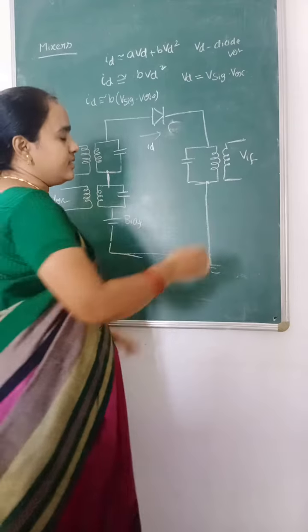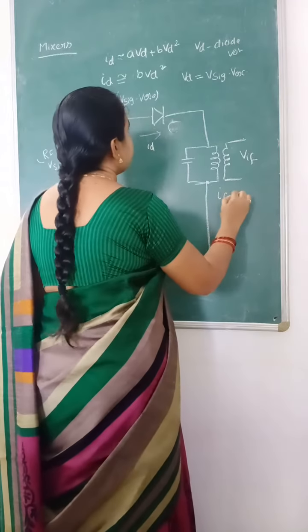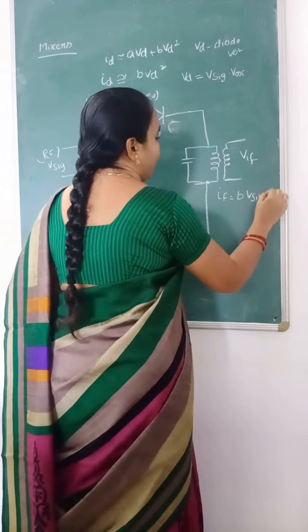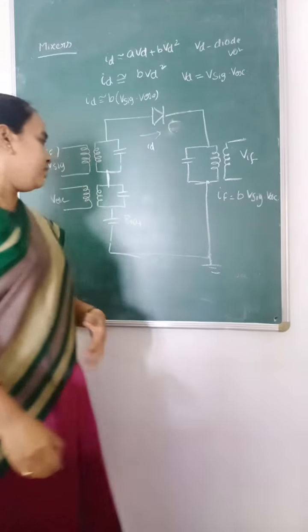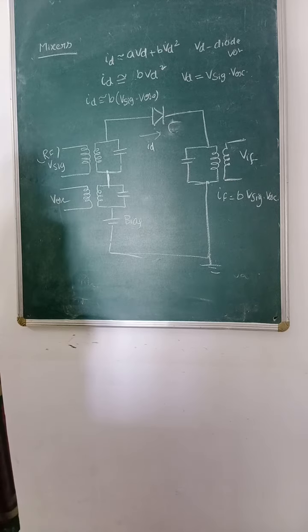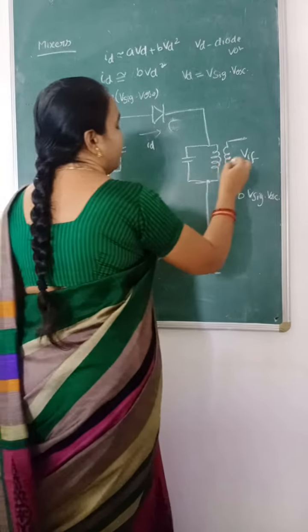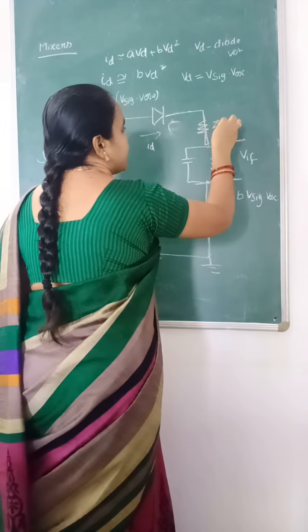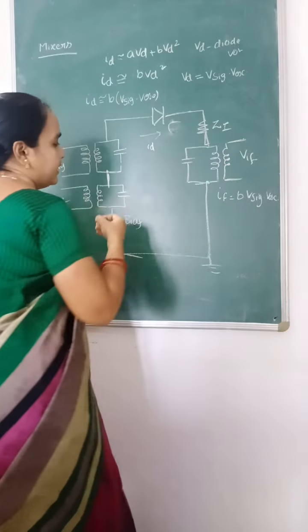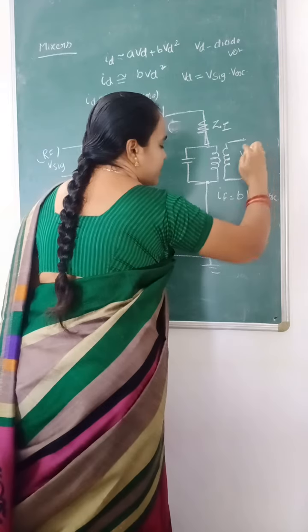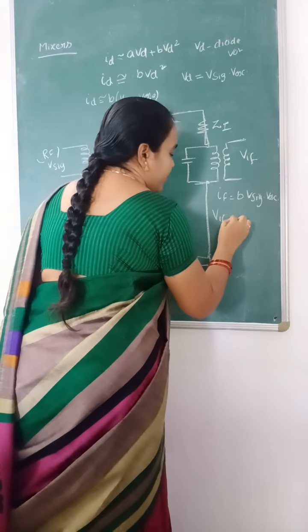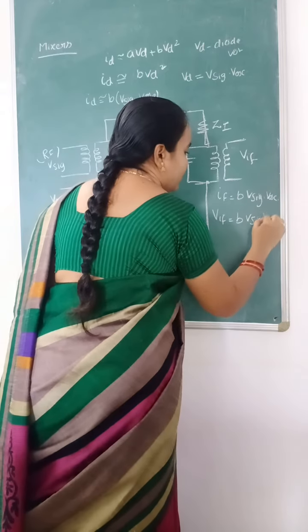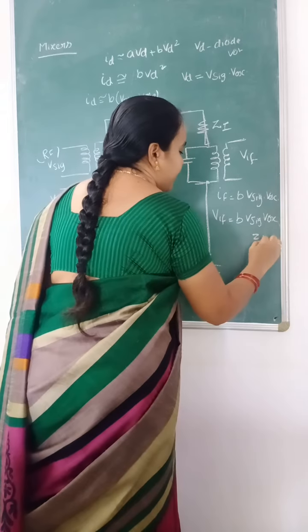It will generate the same current, that is IF is also the same, B V signal into V oscillatory. Here let the output circuit have some load resistance ZT, then the voltage across this mutual inductance is IF into ZT, that is B V signal into V oscillatory multiplied by ZT.